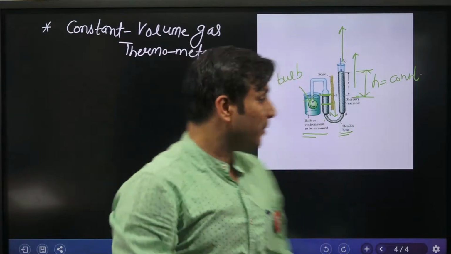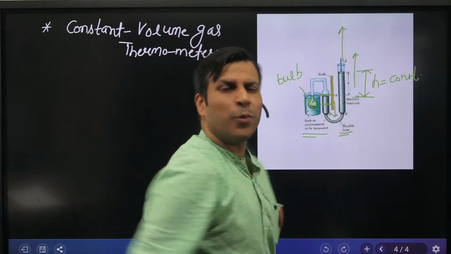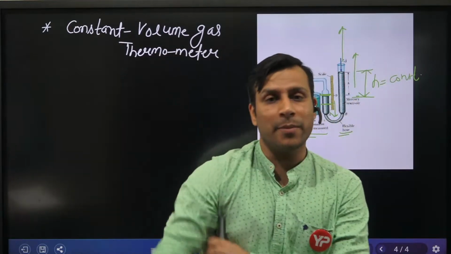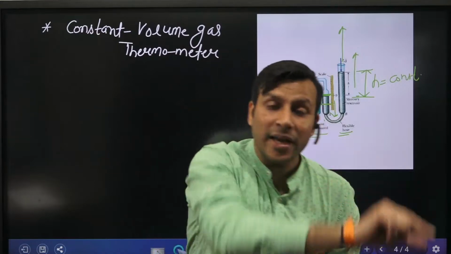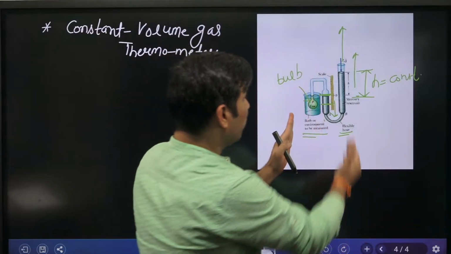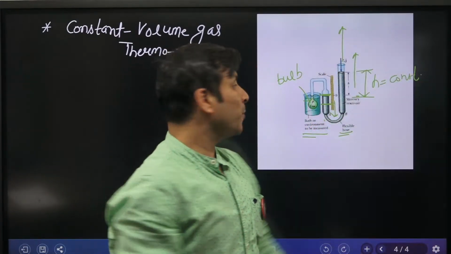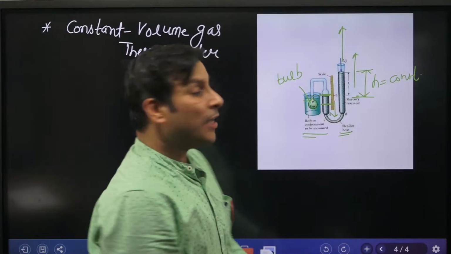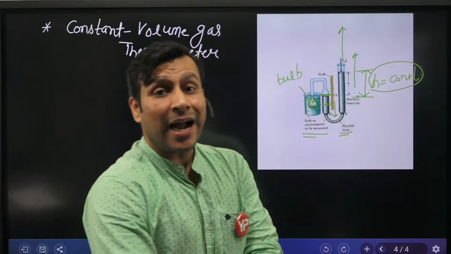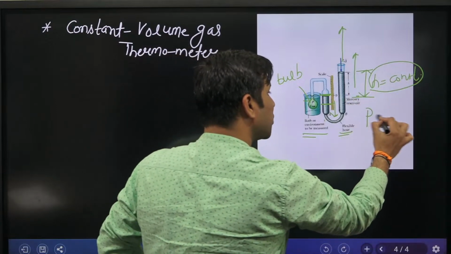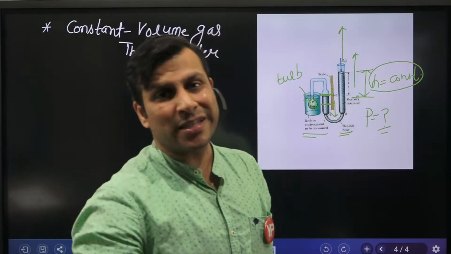In a constant volume gas thermometer, we keep the volume constant by bringing the mercury to the same level by raising the right side of the limb. Getting the point? Then the volume is the same and you are measuring this height rise, and with this height rise you measure the pressure change, and with the pressure change you measure the temperature change.